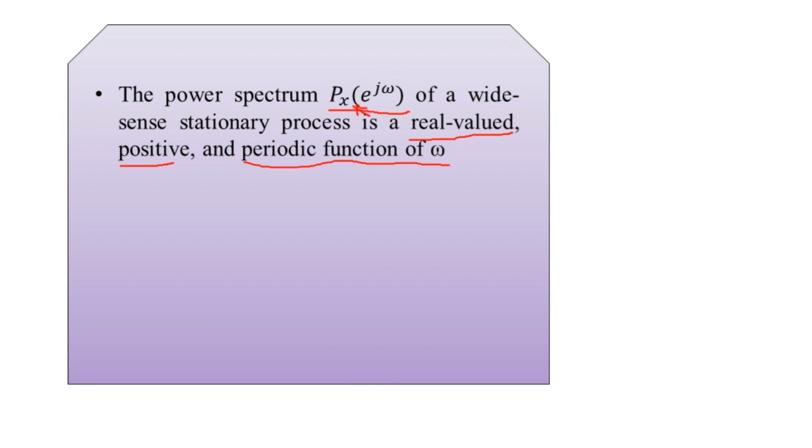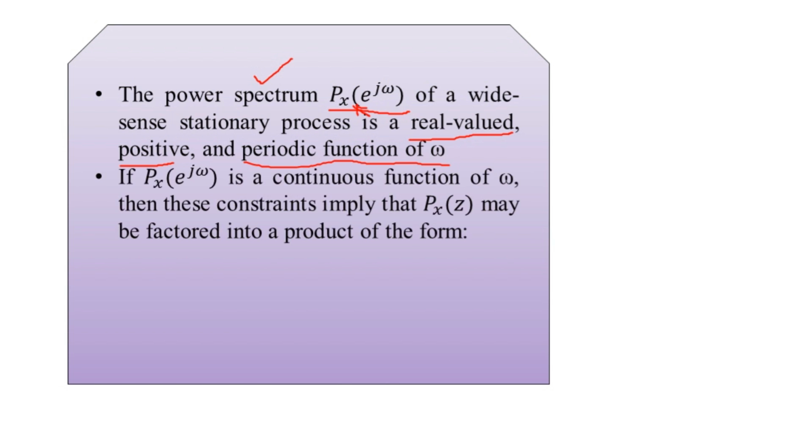Now here we can extend this power spectrum representation to spectral factorization, provided the condition is that this power spectrum, which is also called the power spectral density, is a continuous function of the angular frequency omega. Then these characteristics imply that the power spectrum Px of z in the z domain can be factored into a product of the form represented here.